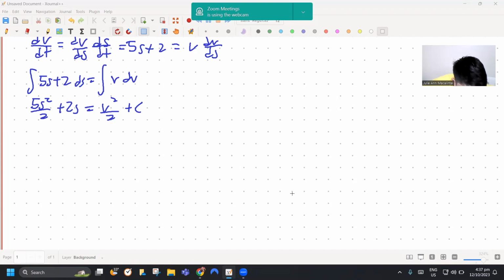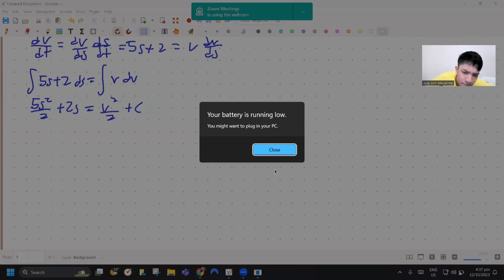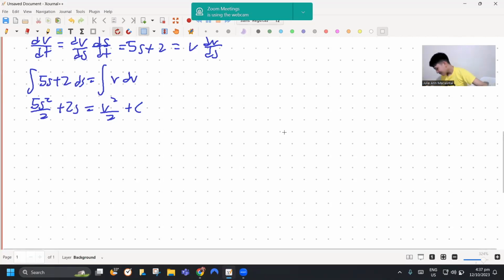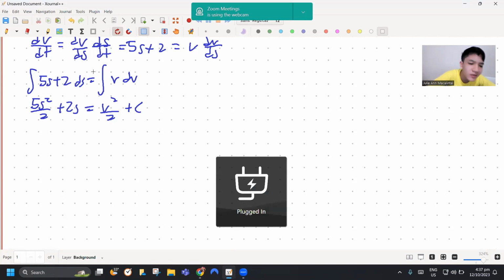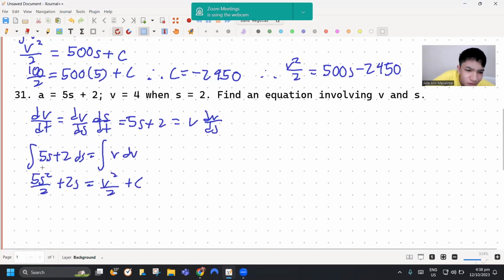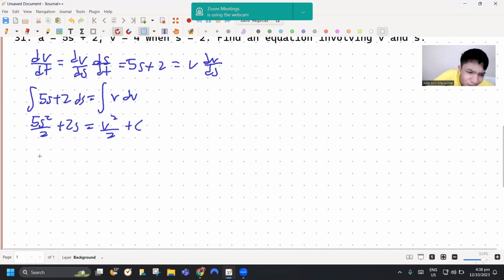Okay. Yung conditions, kailangan mo lang i-substitute, di ba? Okay, so, anong tataka kung bakit ayaw na.